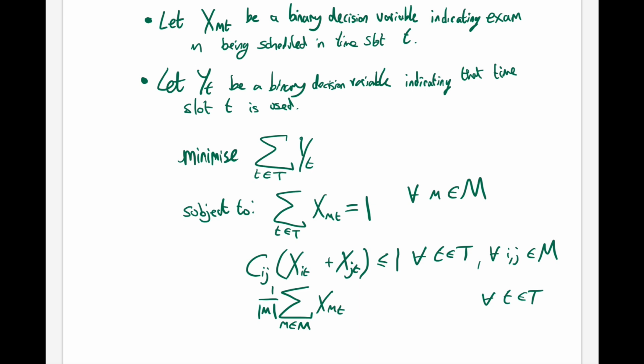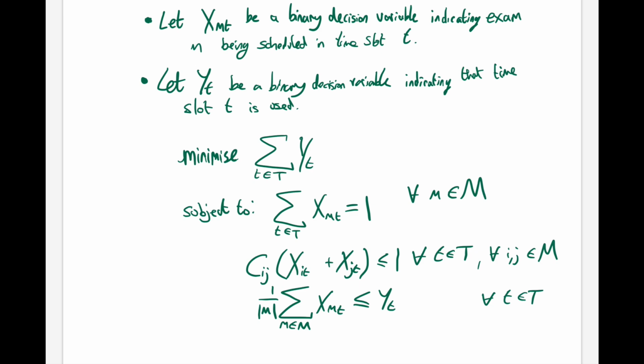Consider our objective function, the sum of the yt's. We are trying to minimize that, so it would be natural to try and put these as close to 0 as possible, or to set them all to 0. So we just need a constraint which will force a yt to be 1 if this expression here is bigger than 0. Like this. So if the proportion of modules scheduled at time slot t is 0, then yt can be 0.